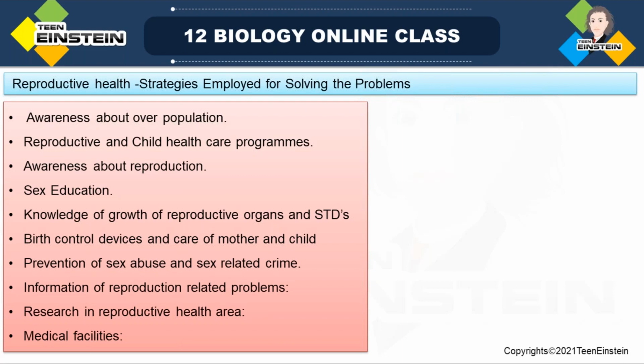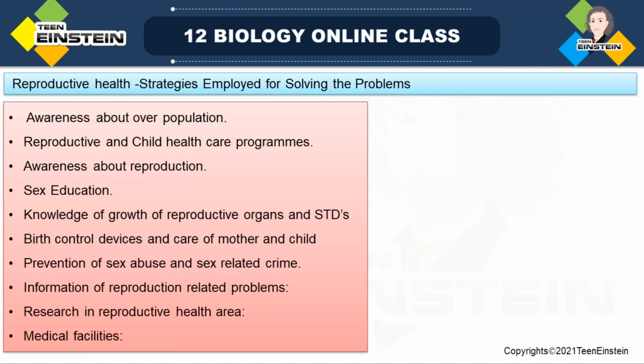Then next is research in the reproductive health area. Research in this area is done to find new techniques and new methods. Like in the previous class, we were discussing Saheli.